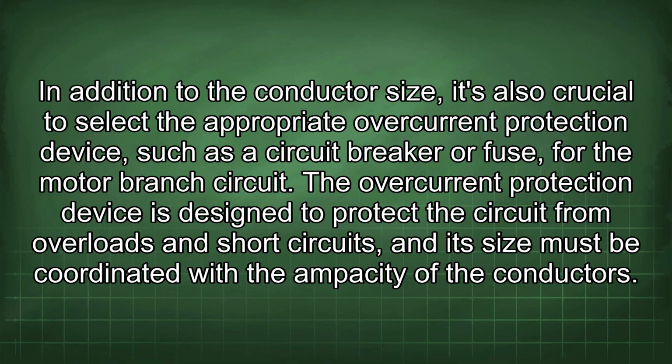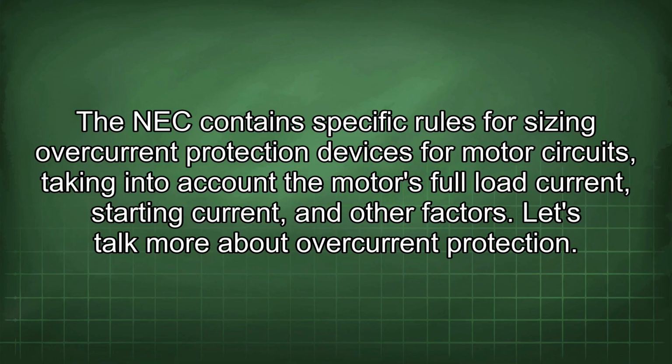The overcurrent protection device is designed to protect the circuit from overloads and short circuits, and its size must be coordinated with the ampacity of the conductors. The NEC contains specific rules for sizing overcurrent protection devices for motor circuits, taking into account the motor's full load current, starting current, and other factors.